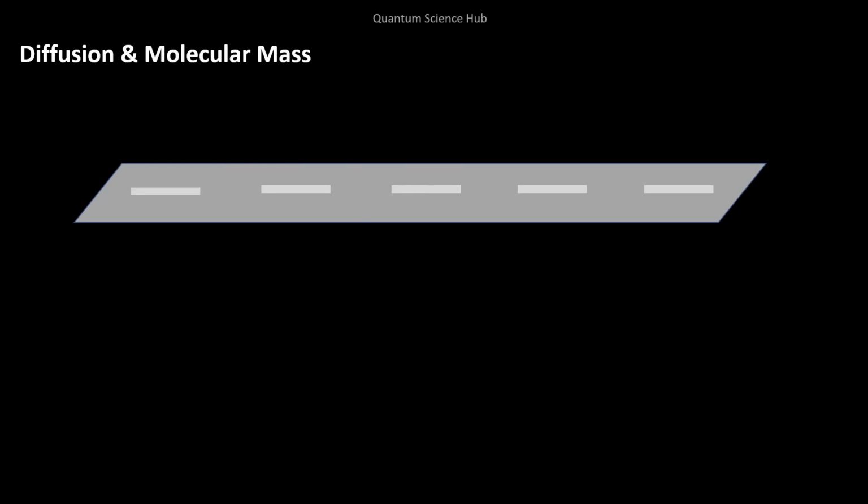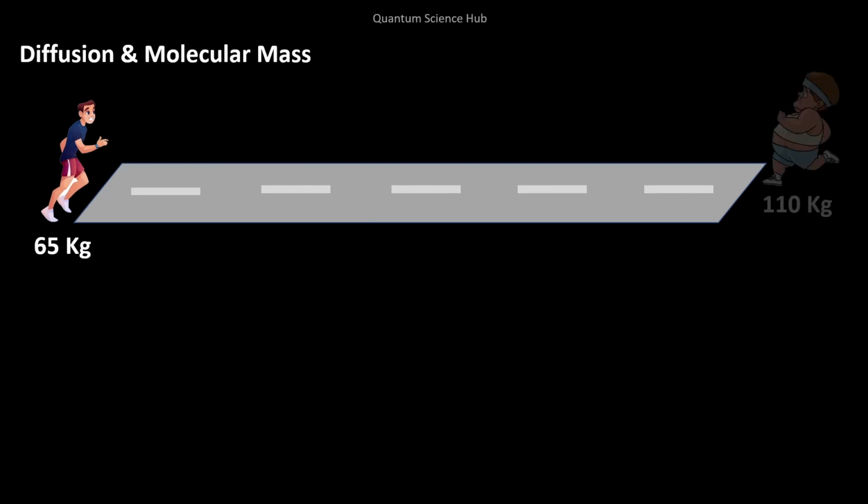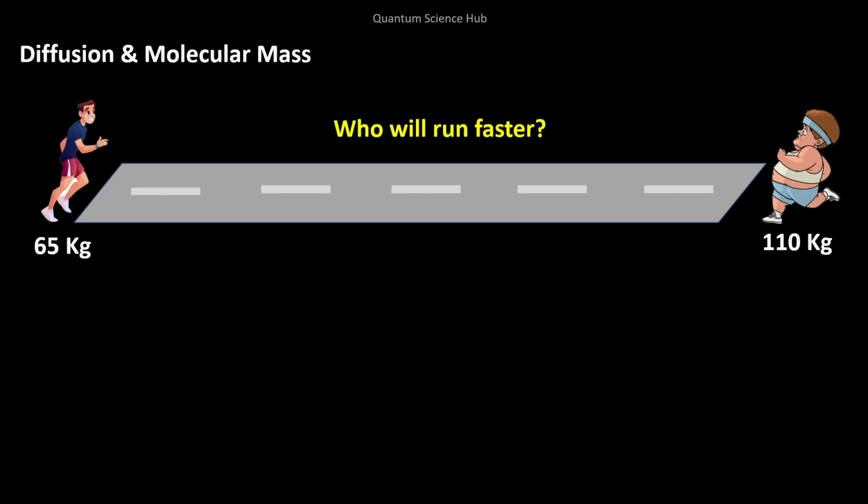Now let's discuss the effect of molecular mass on the rate of diffusion through this illustration. Imagine a running race. On one side, there is a man with a mass of 65 kg, and on the opposite side, there is another man with a mass of 110 kg. Who do you think will run faster?